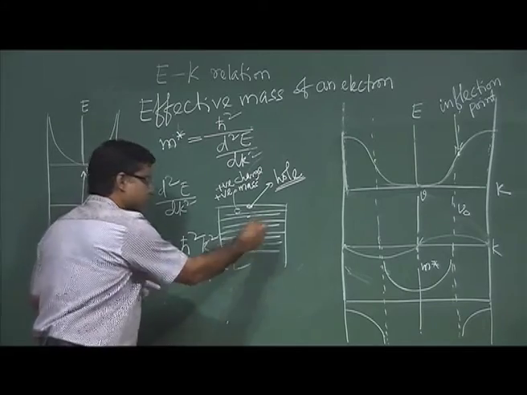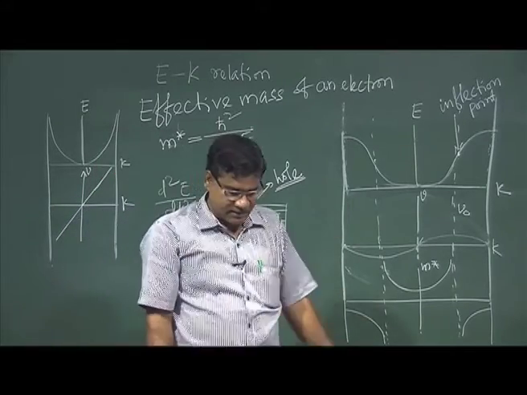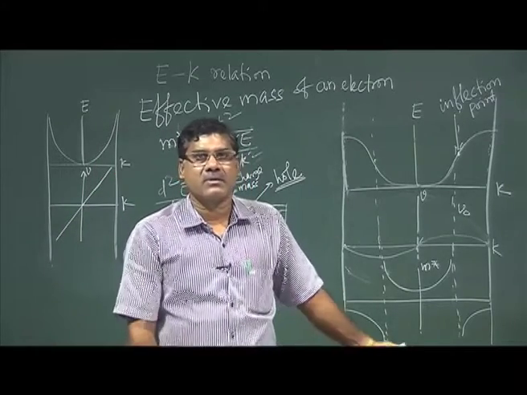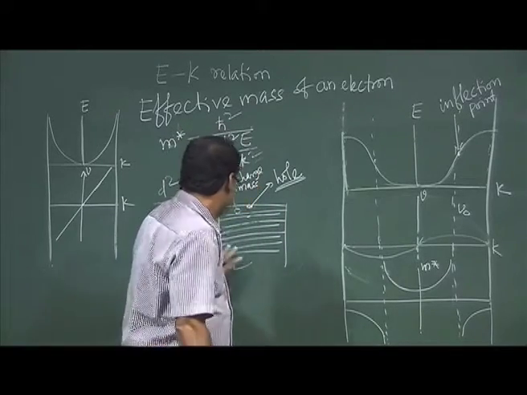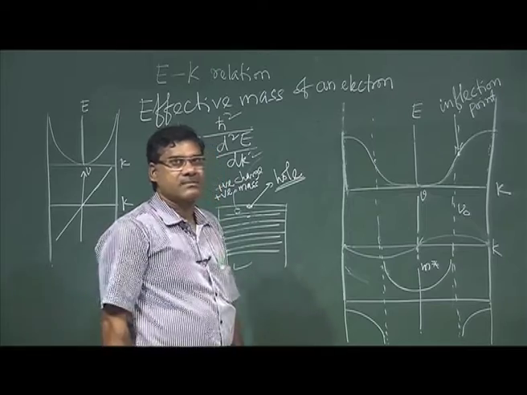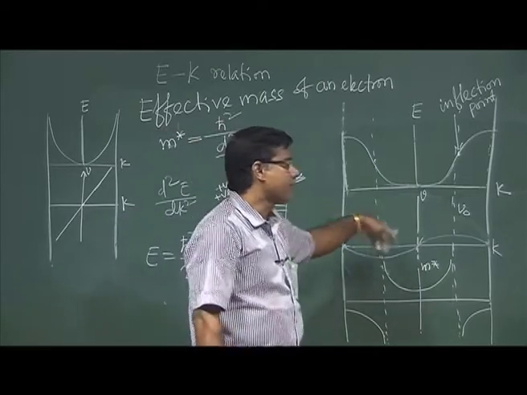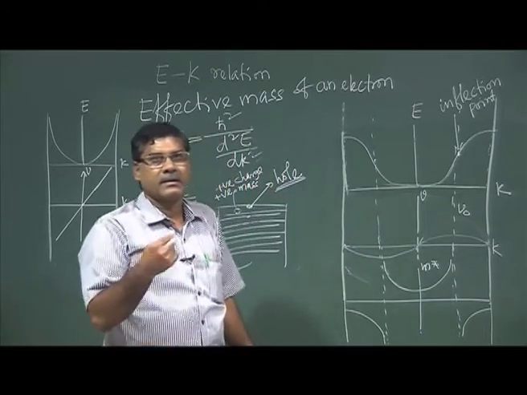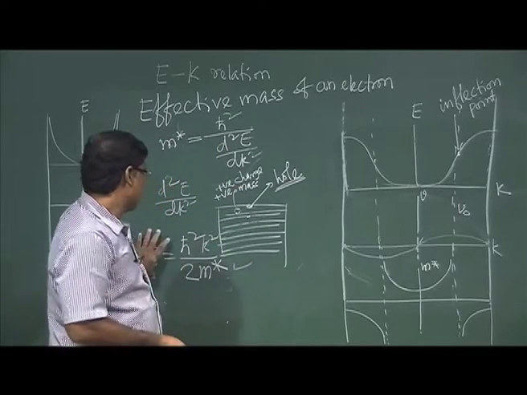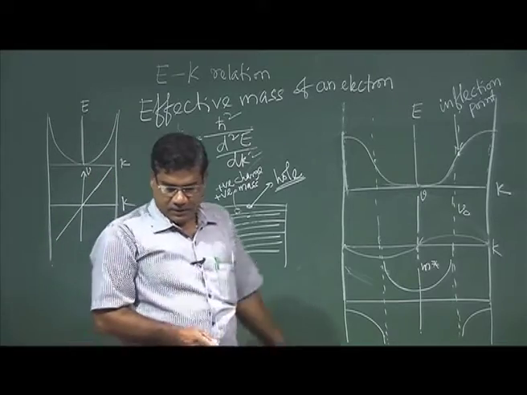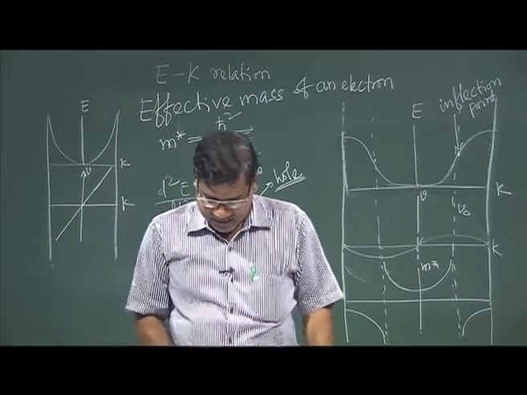So this equation is valid for others also. It is not only valid for free electrons, it is valid for other electrons also, whether electrons in a band or otherwise. If you know the E-k relation of that electron, you can find out the energy. So these are very interesting.